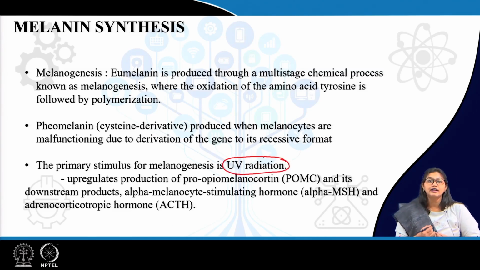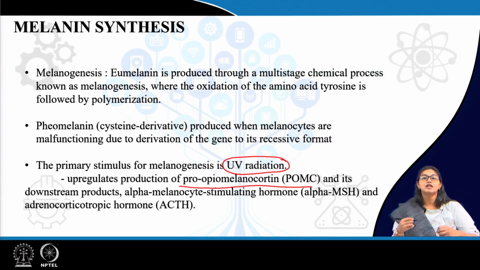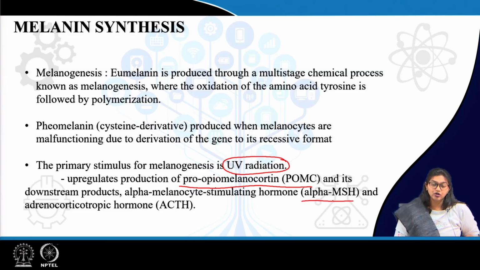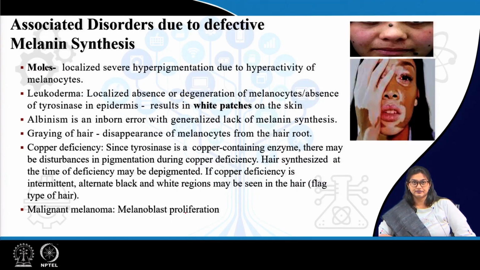UV radiation, what does it do? It upregulates the pro-opiomelanocortin present in melanocytes, which activates the downstream products alpha melanocyte stimulating hormone or alpha MSH, and also adrenocorticotropic hormone, ACTH. So, these are the stimulus for melanin synthesis.